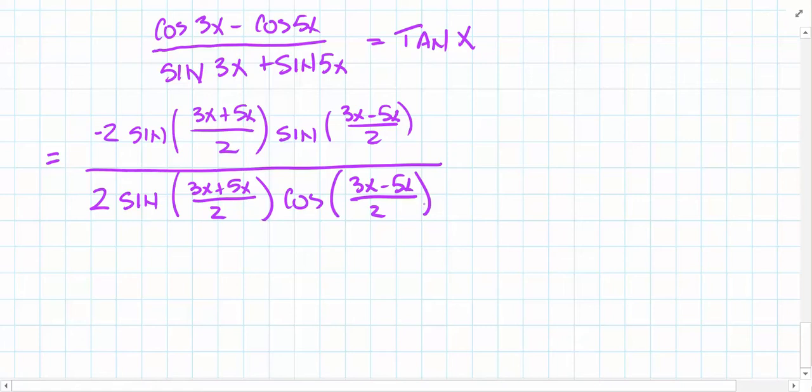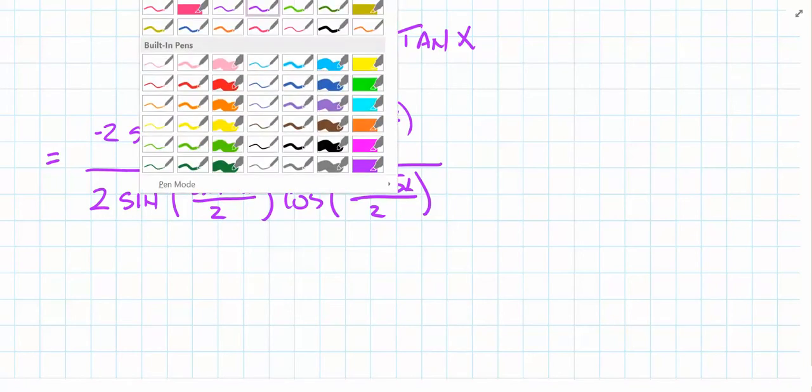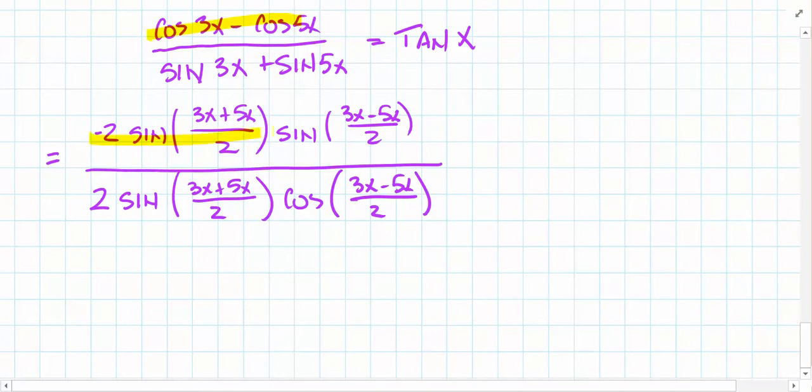All we did there is apply the proper product formula for the numerator and the denominator. So this top piece became all of this, and the bottom piece became all of that. Does that make sense? Easy enough?